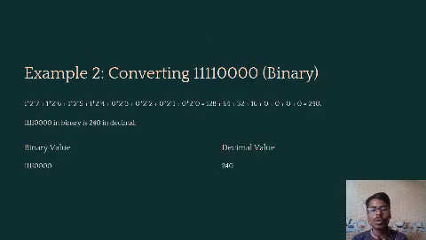Example 2. Converting 11110000 binary to decimal. 1 into 2 to the power 7 plus 1 into 2 to the power 6 plus 1 into 2 to the power 5 plus 1 into 2 to the power 4 plus 0 into 2 to the power 3 plus 0 into 2 to the power 2 plus 0 into 2 to the power 1 plus 0 into 2 to the power 0 is equal to 240. 11110000 in binary is 240 in decimal.